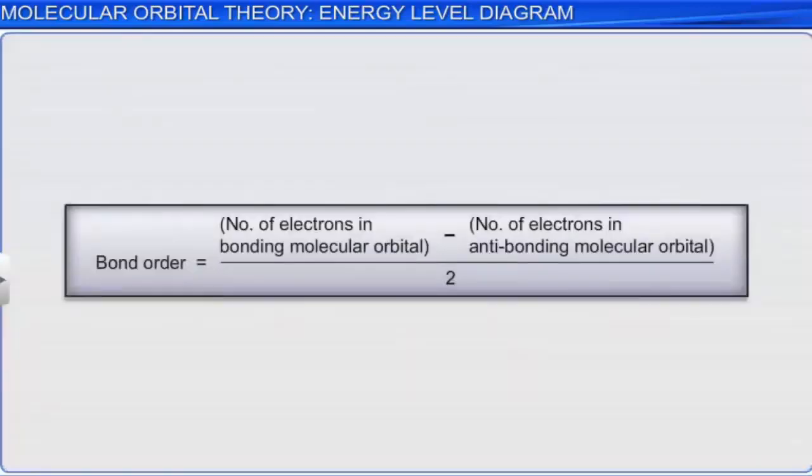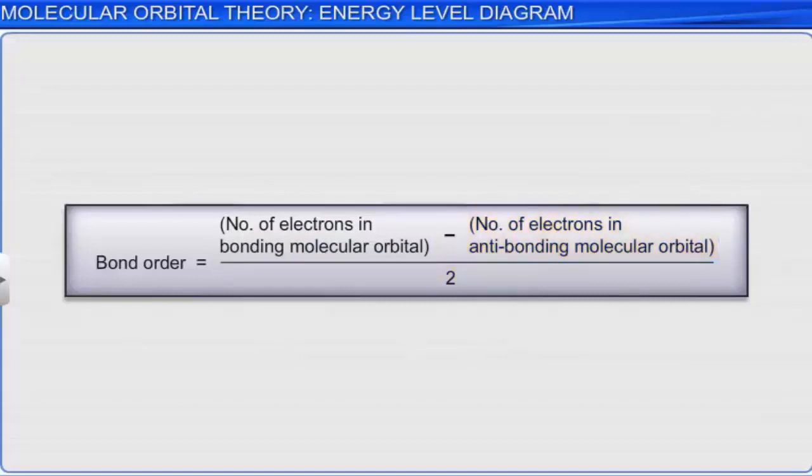Thus, we can calculate the bond order in an oxygen molecule using the formula: bond order is equal to number of electrons in the bonding molecular orbitals minus number of electrons in the anti-bonding molecular orbitals, divided by 2.